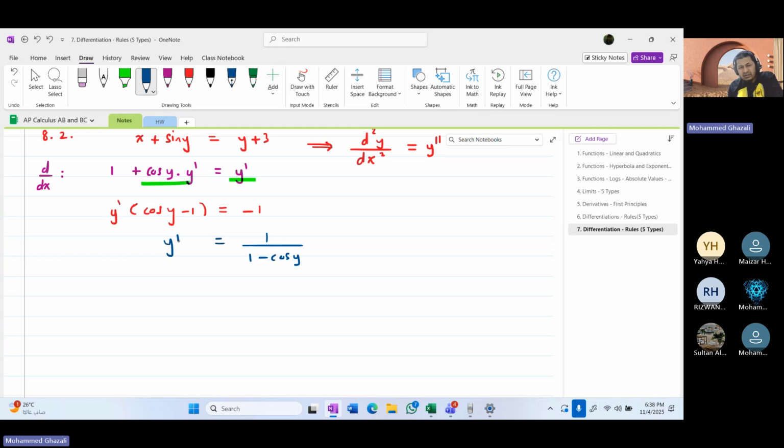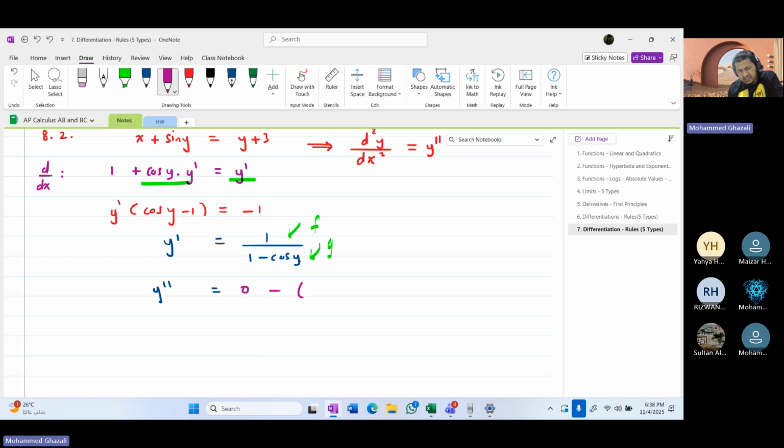Now we want to find the double derivative. So we're going to say y double prime, okay? So we can just go and apply the quotient rule here. The derivative of 1, watch here. This is f and this is g. So the derivative of 1 is 0. Leave the denominator, so still 0. The derivative of the denominator: we're differentiating cos y.